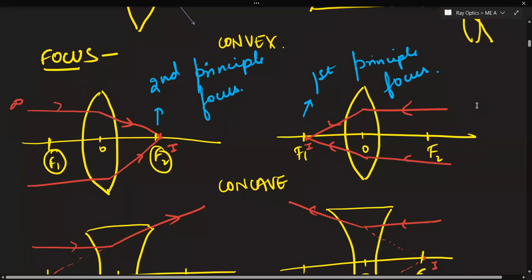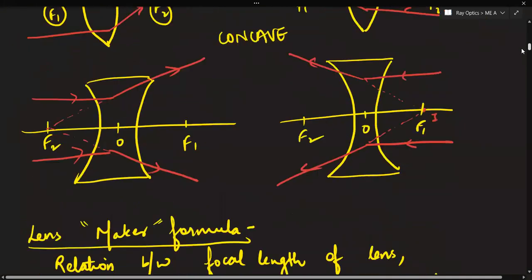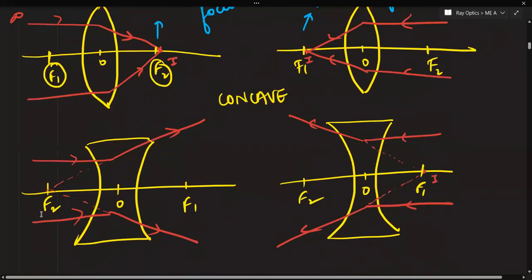But see, class, for the convex lens, the second principal focus is much more important, because usually the light rays are kept on the left hand side of it. And if you have a concave lens, contrary to it, F2 is on the opposite side. This becomes F1.